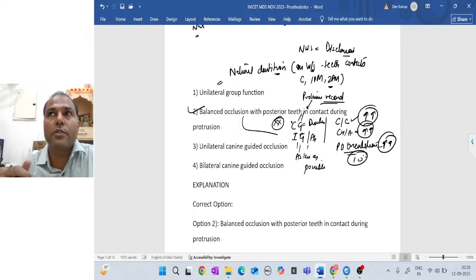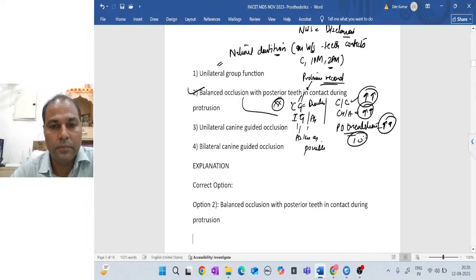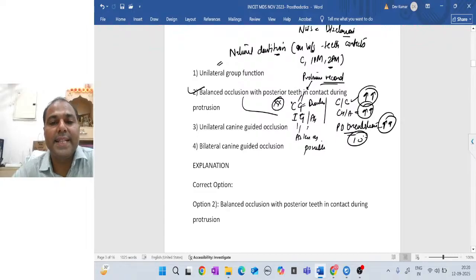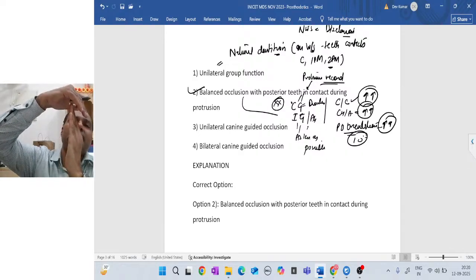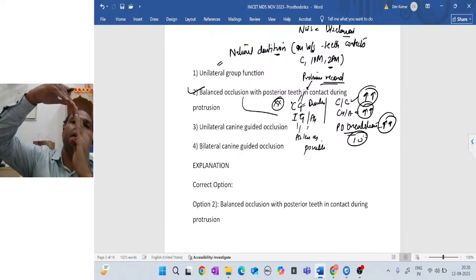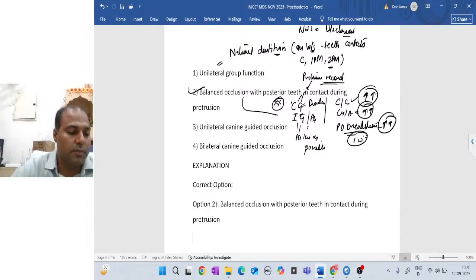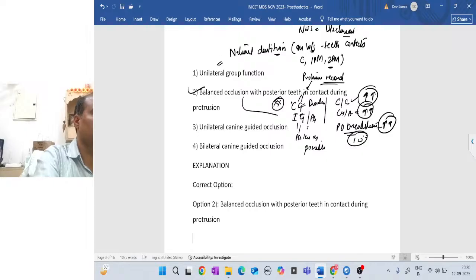Keep very less overjet, overbite for balanced occlusion, because we do not want any inclines. Even if we get more anterior guidance, there will be inclines and there will be a lot of disocclusion posteriorly.